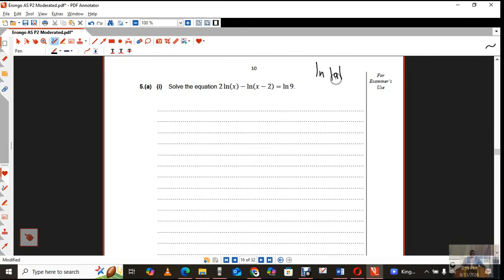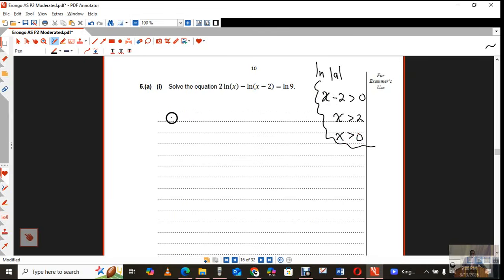That's why I put the absolute value there. So x minus 2 cannot be 0, it should be greater than 0. So x should be greater than 2. Obviously also x should be greater than 0 from here. These are the conditions that you need to be on the lookout for.